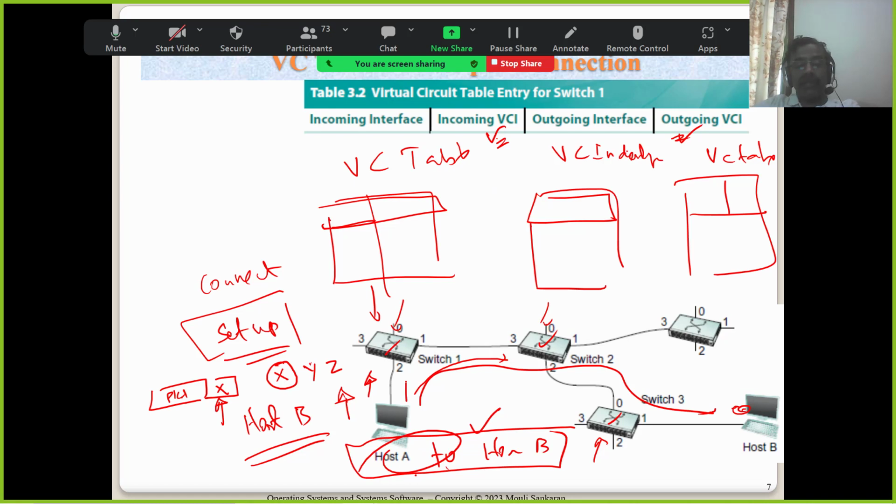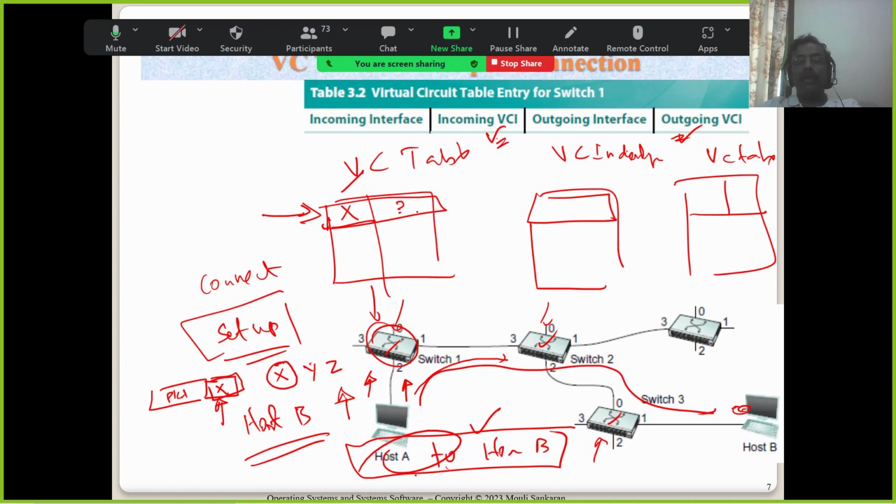The person who is sending it is saying that I am going to use this incoming VCI. So this switch is going to create an entry with x, saying that if I get a packet from host A with x in the header, then I map it to one entry in the VC table.